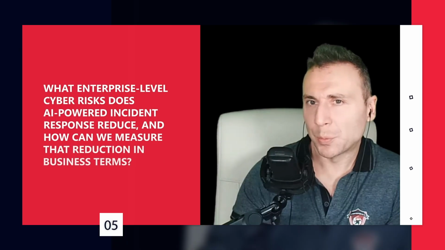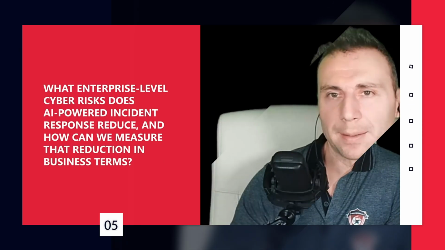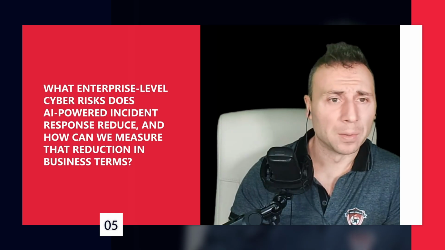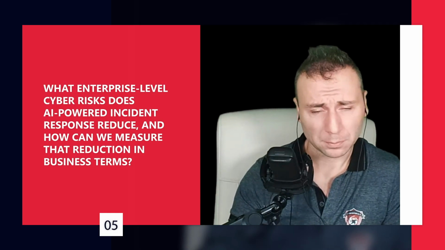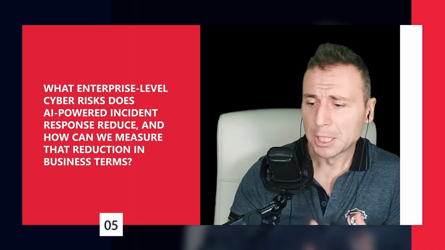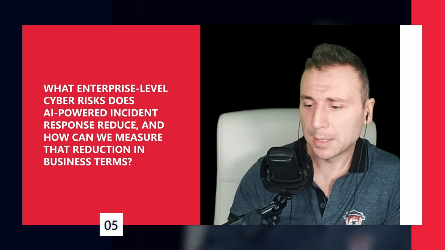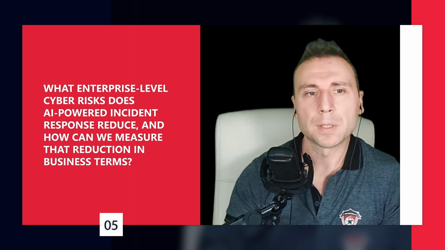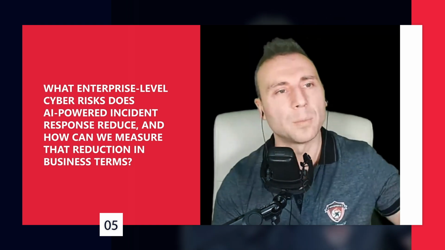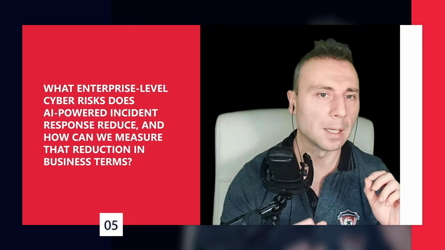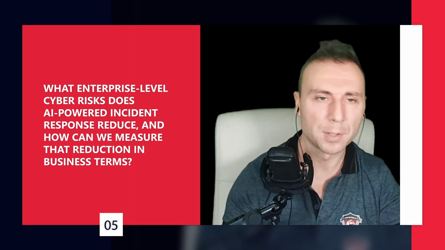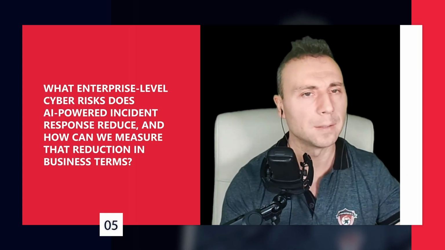First, let me answer the first part, which will be easier. The second part, about AI measurement, is always complicated, not only in security but at the company level in general. So what kind of risk does it mitigate? It gives a quick response. When we have an incident, an analyst needs to analyze it, decide if it's a true positive or false positive, then decide if we need to contain the device or not.